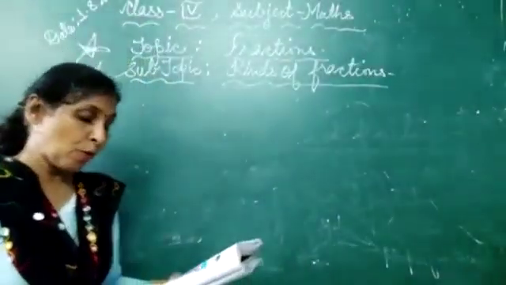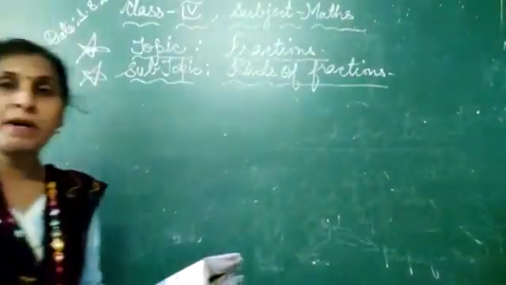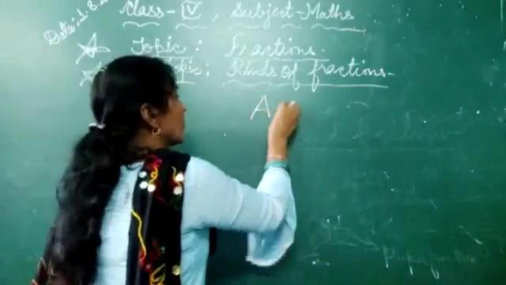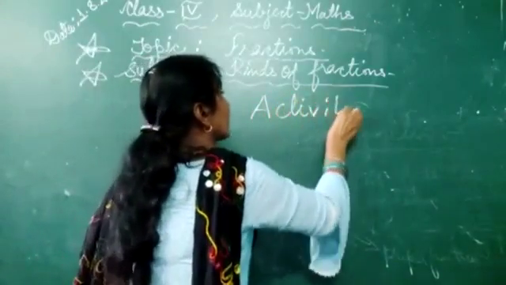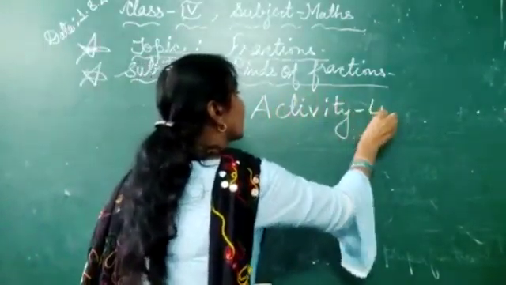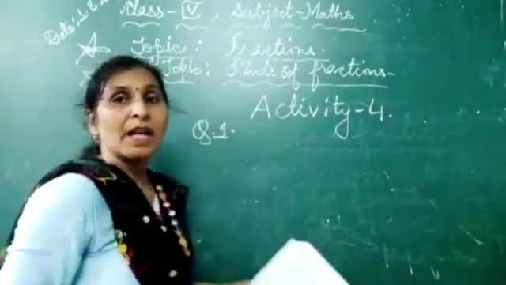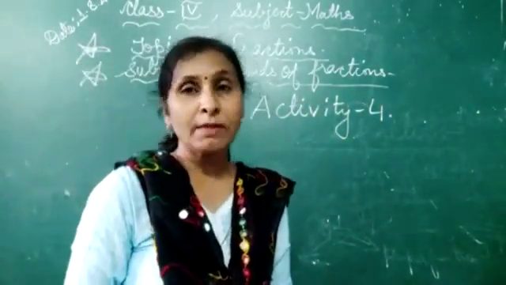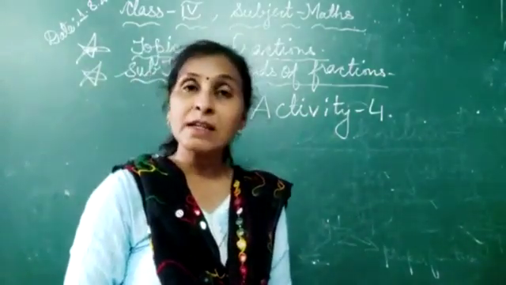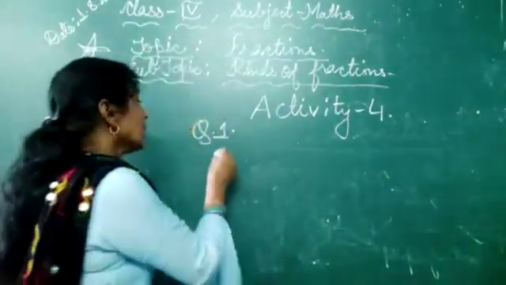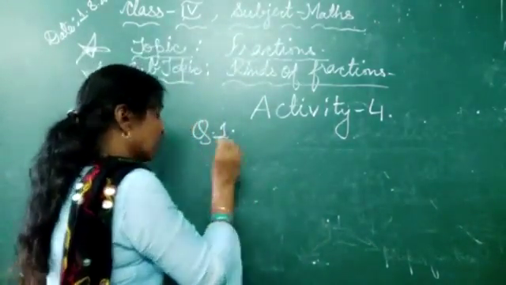Now all of you open page number 98, activity 4. Question number 1. I read the question from the book. Encircle like fractions. Now here some fractions are given.